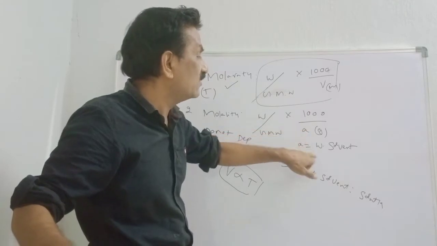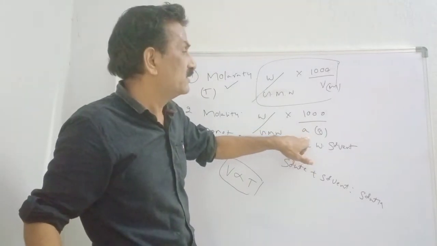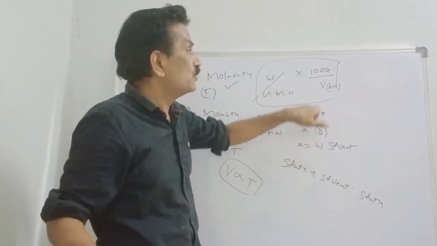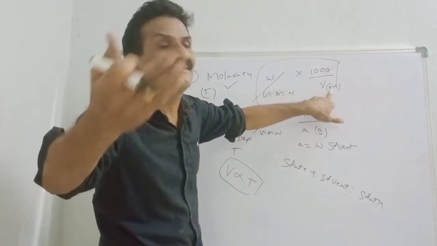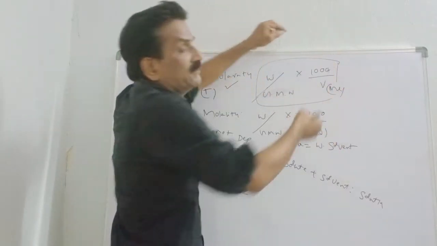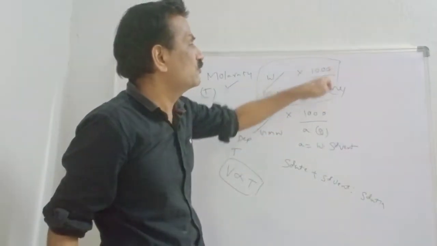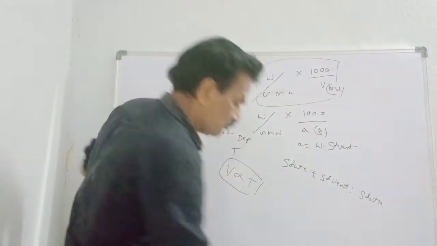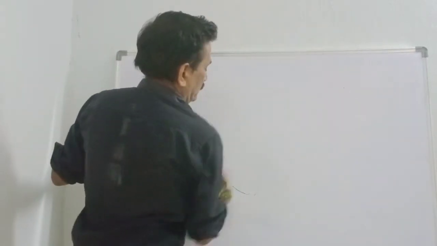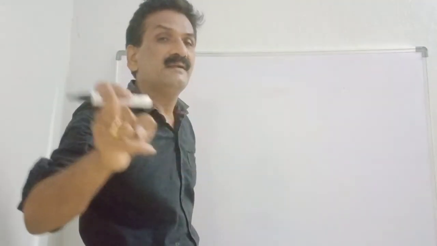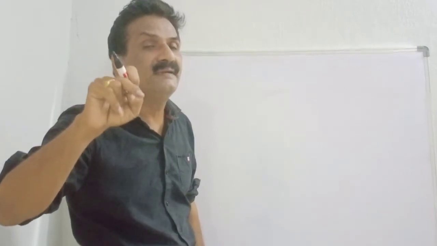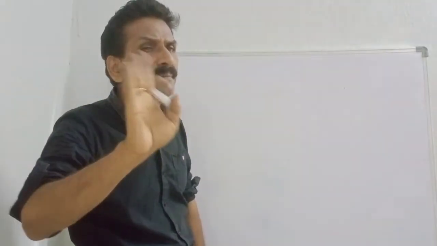This is weight of the solvent A. We have converted into grams, for which 1000 by A. Already discussed many times. Molarity depends upon temperature. Molality is independent of temperature.